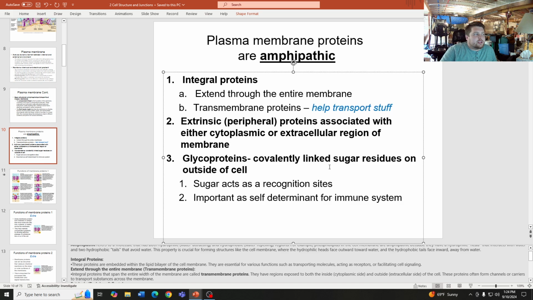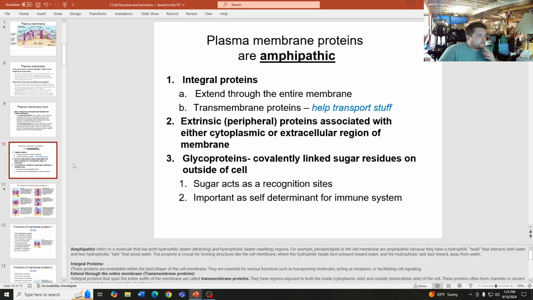These are proteins that are technically part of the plasma membrane, but they're typically associated more with either the outside of the cell or the inside of the cell. We don't go into a lot of specifics about what they are, just understand that there are other proteins that are going to do other jobs. In the future, we're going to talk about certain receptors and other proteins that are going to be these peripheral proteins, but we don't need to worry too much about those right now. We also have what are called glycoproteins.